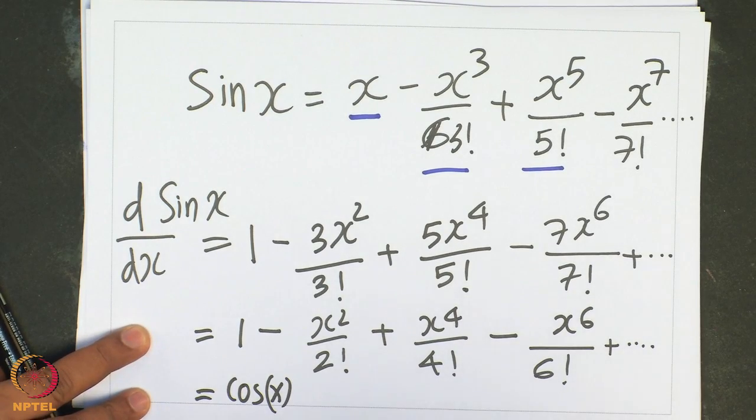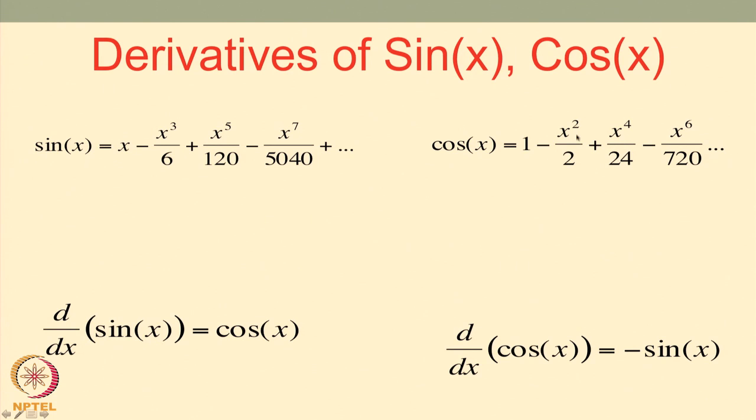As you can see, cos x is 1 minus x square by 2 factorial plus x power 4 by 4 factorial minus x power 6 by 6 factorial, which is 720, and so on and so forth. So, it turns out that the derivative of sin x is cos x, which you can directly do and see.